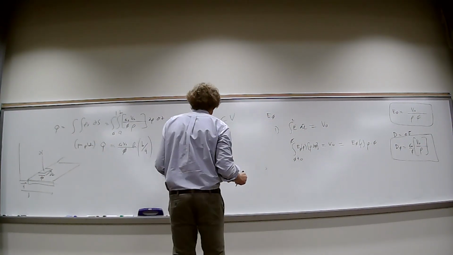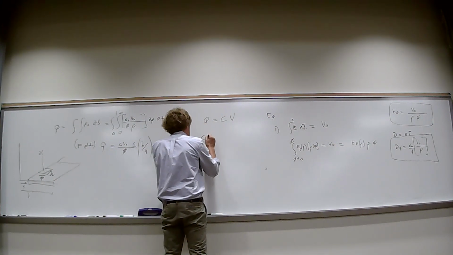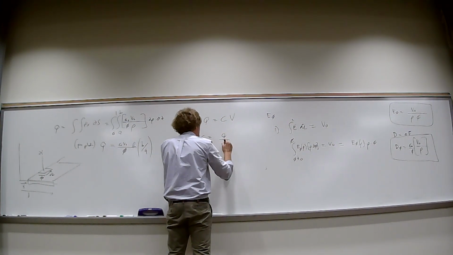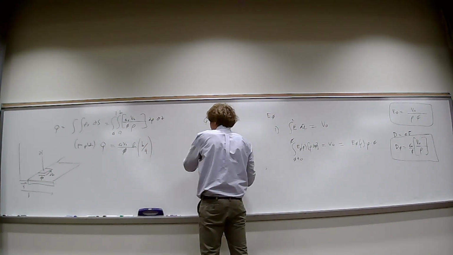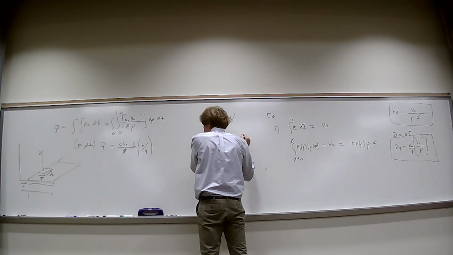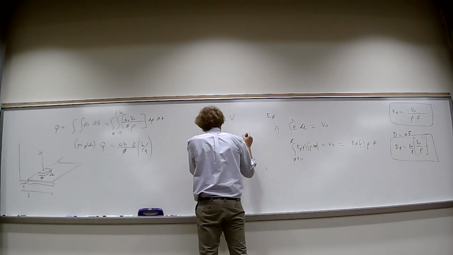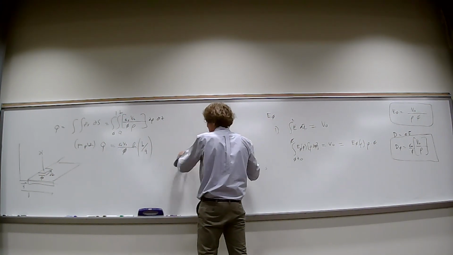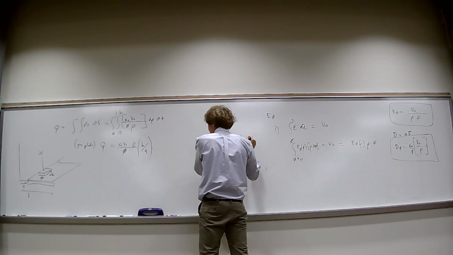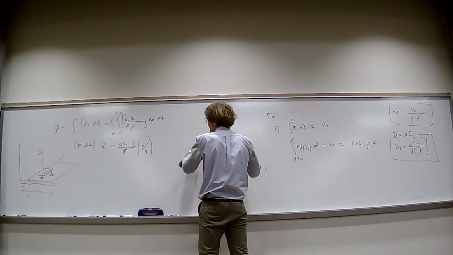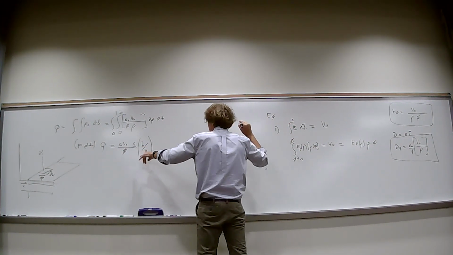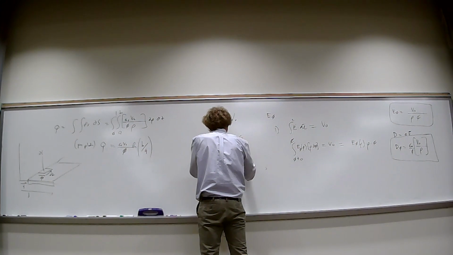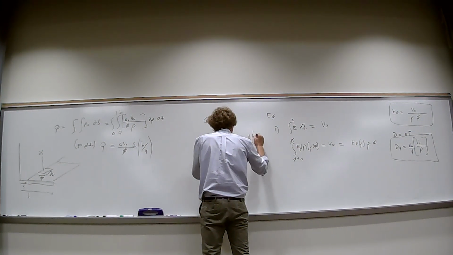So capacitance is equal to Q over V. When we divide by V, the V naught goes away because that was the assumed value. So this would be per meter: epsilon naught over the angular difference times the natural log of B over A.